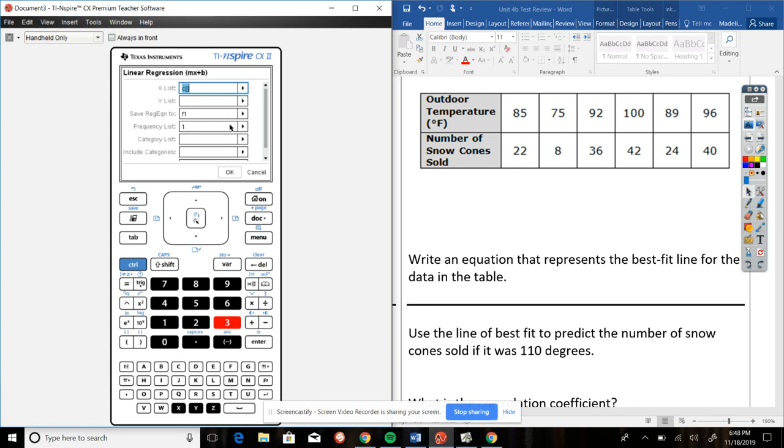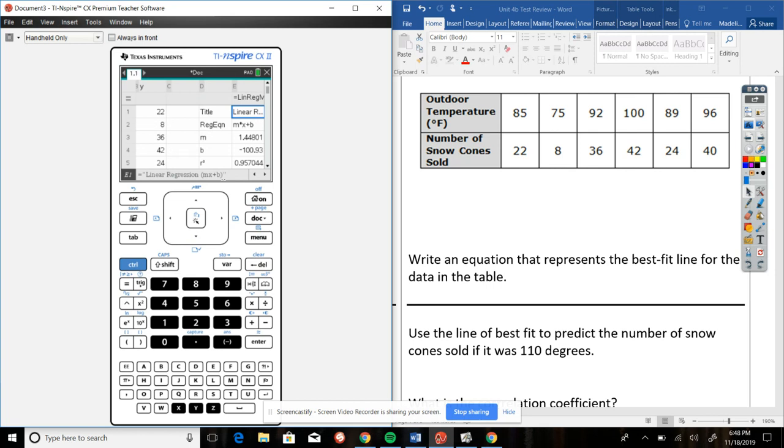It should bring up this screen. So once you do that, you put X in X list, Y in Y list, and then you can go ahead and just hit OK. And it should bring up all of this information here.